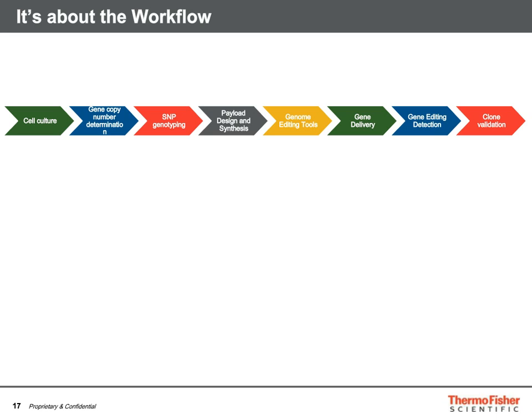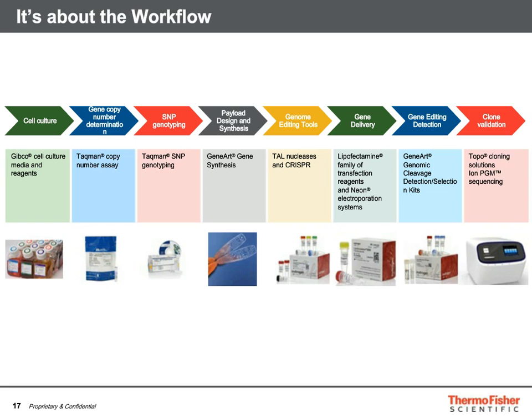And then detecting or understanding, profiling your edit to ensure that you've done it efficiently. And then in the end, validation can lead to several different ways to validate. And these are just some of the pathway tools that we provide and that we're building on to help with the whole workflow.